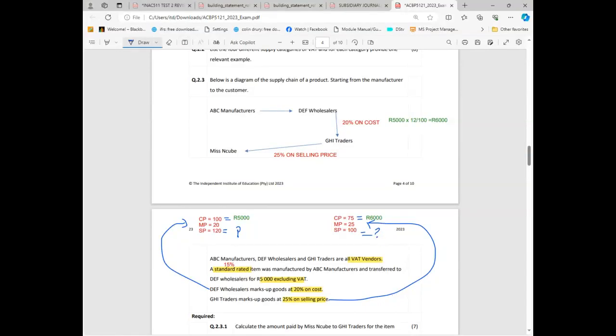Can you see now? Yes. So now we can calculate how much they charged Miss Nube.